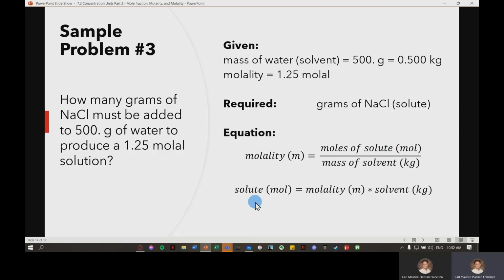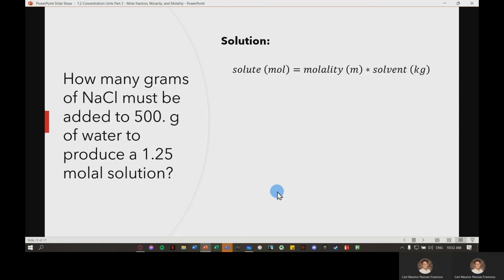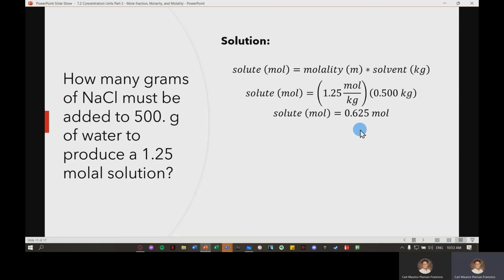We shall have solute in moles is equal to molality times kilogram solvent, as we derived earlier. Solution: again, 1.25 molal is interchangeable with mole over kilogram. The unit molal is mole per kilogram. Kilogram shall be cancelled. We have 0.625 mole.